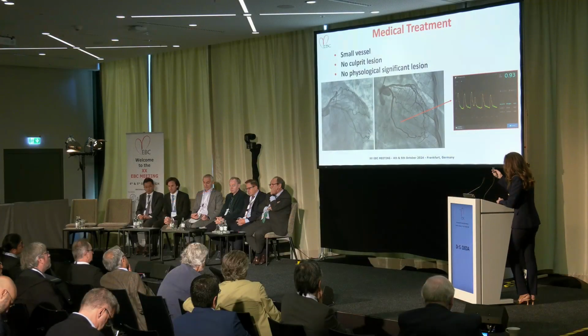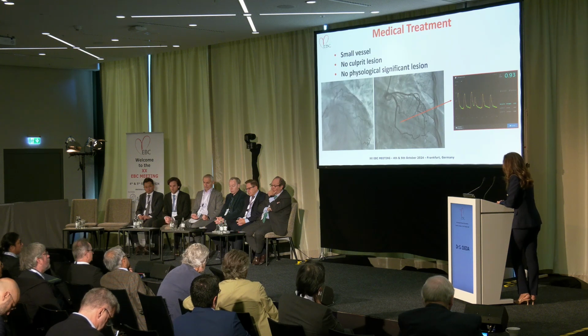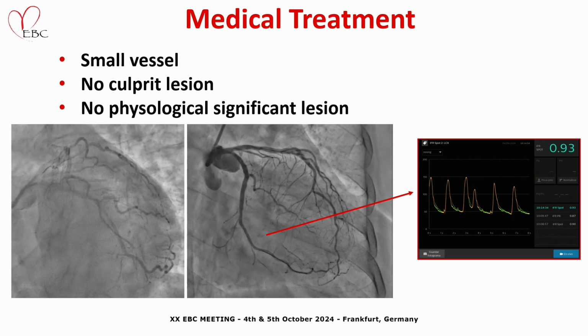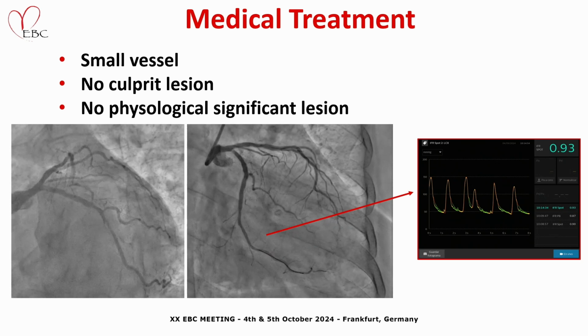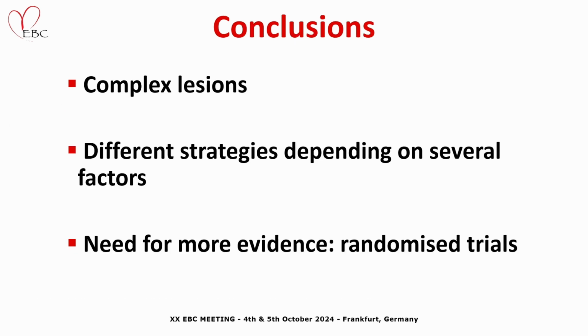So our decision was to treat the severe lesion, and after that, the ostium was evaluated by iFR. iFR was negative, so we decided to treat the patient medically, avoiding a more complex treatment in this scenario.